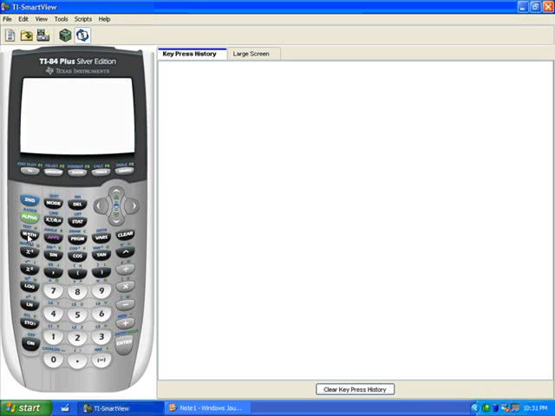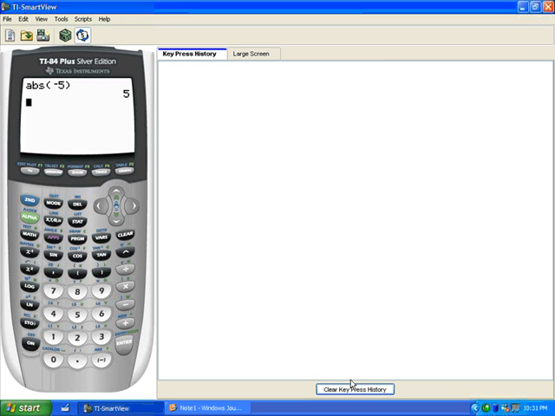Now, absolute value is on your calculator. You have to go to the math menu, go over one place to the number column, and absolute value is command number 1. So I can take the absolute value of negative 5. That's what it looks like on your calculator, and there's how it evaluates.